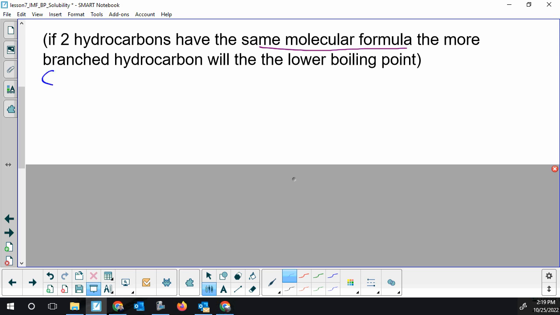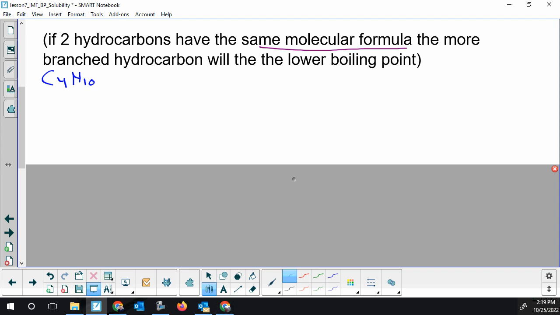I'm going to do a couple isomers of C4H10 and compare the boiling points of a couple of those. Okay. This was the same isomer example several lessons ago. Okay. So the more branched, the lower the boiling point.